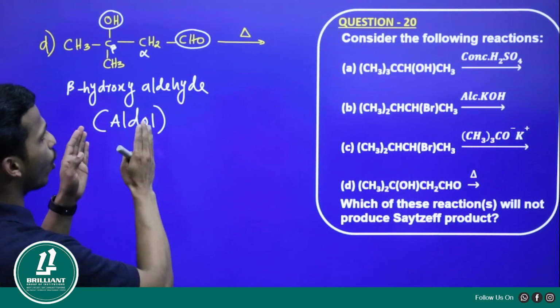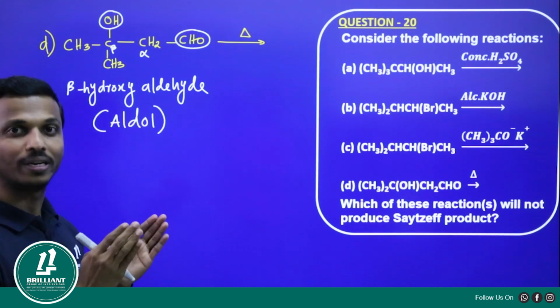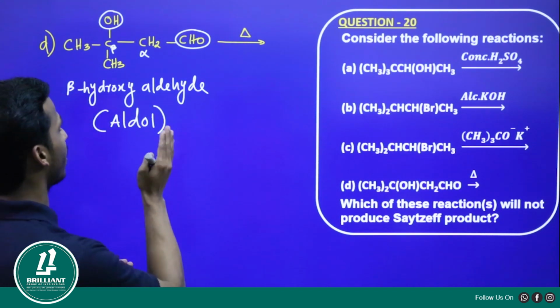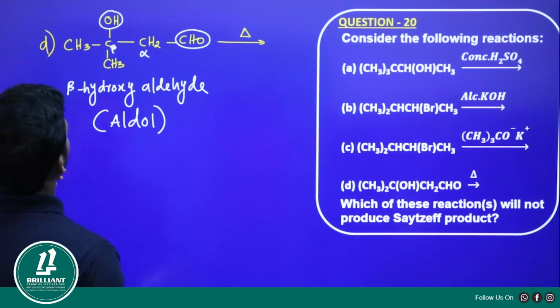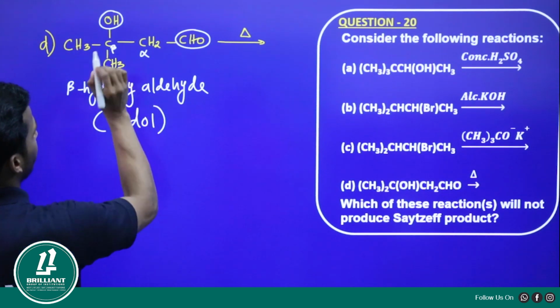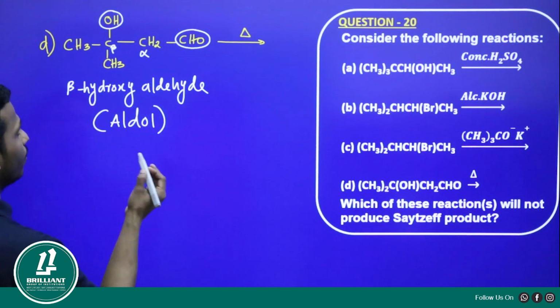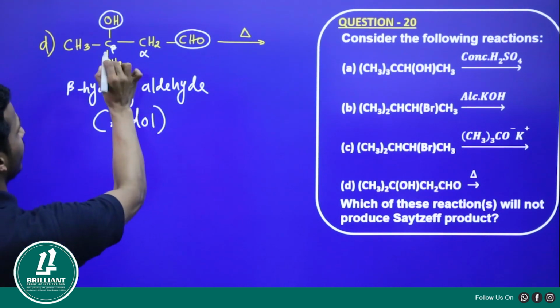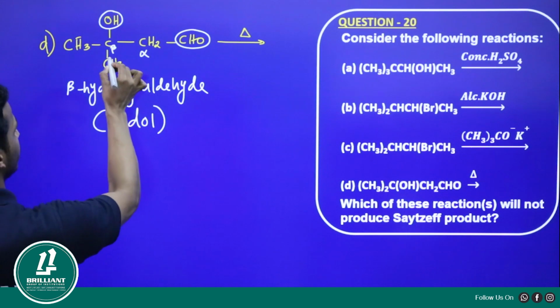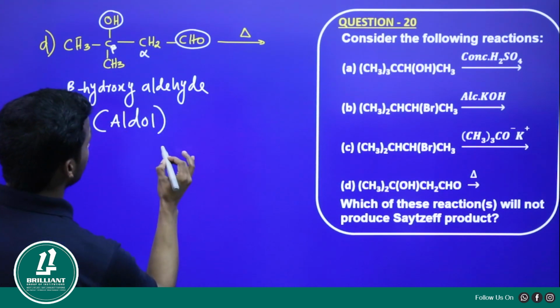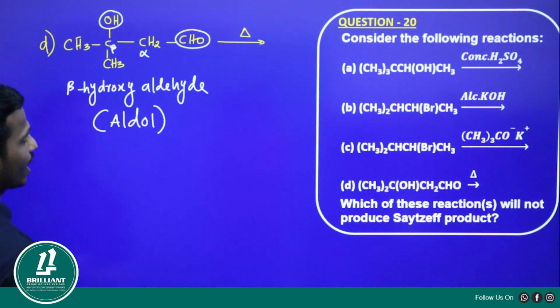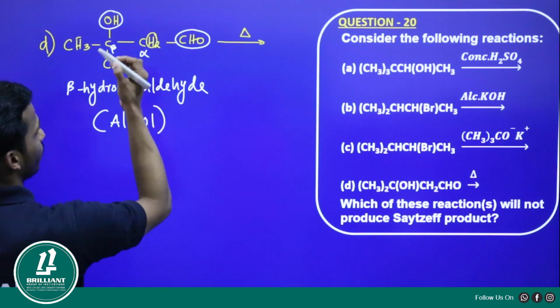And when an aldol is heated, definitely it will undergo dehydration and form an alkene. Let's see what alkene is forming here. See, the OH is eliminated from the beta carbon. You can eliminate hydrogen from any of the nearest carbons, either this or this. So the major product we can assign, I'm taking hydrogen from this one.